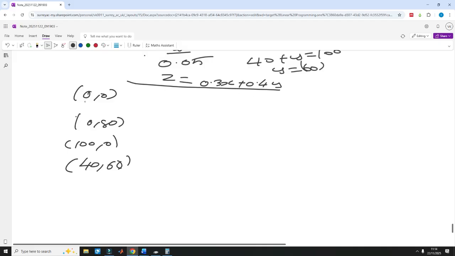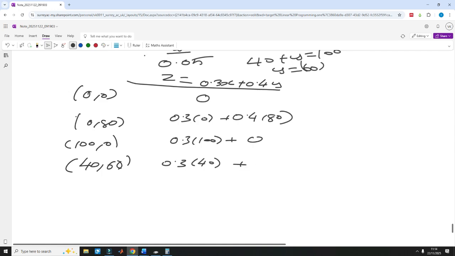So substitute this x and y in this cost function, which means 0.3 multiplied by 0 plus 0.4 multiplied by 0, that's 0. 0.3 multiplied by 0 plus 0.4 multiplied by 80. And here 0.3 multiplied by 100 plus 0. And then 0.3 multiplied by 40 plus 0.4 multiplied by 60.